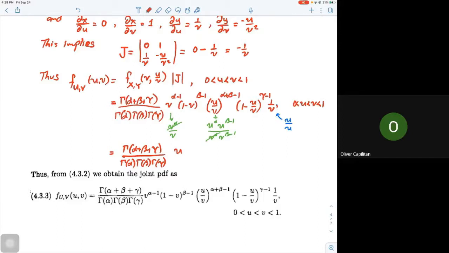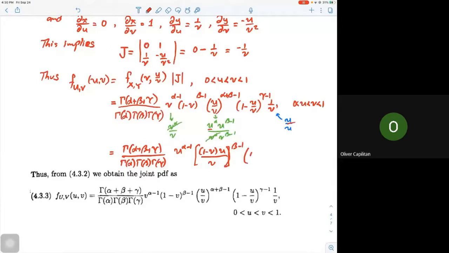U of alpha minus 1. Ito, tsaka ito. And then we have this, 1 minus V. Algebra lang naman to. Over V raised to beta minus 1.